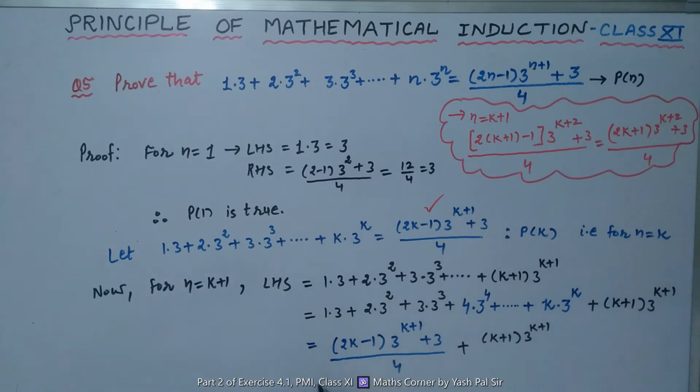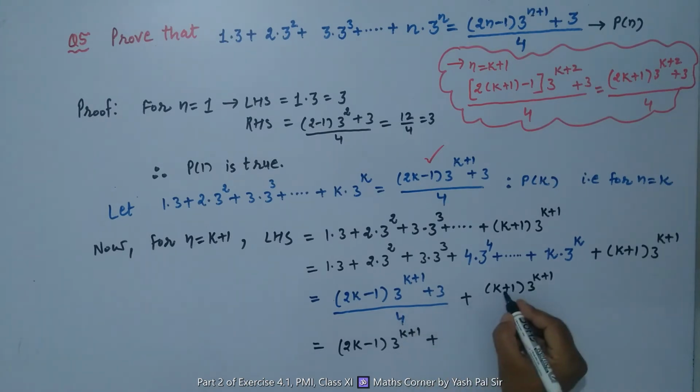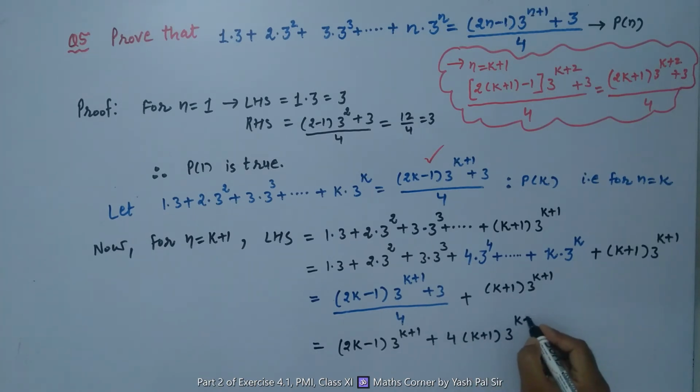So now we are going to solve this equation. This becomes (2k minus 1) into 3 power k plus 1, plus 3, and this 4 will be multiplied here, 4 into (k plus 1) into 3 power k plus 1, whole divided by 4.